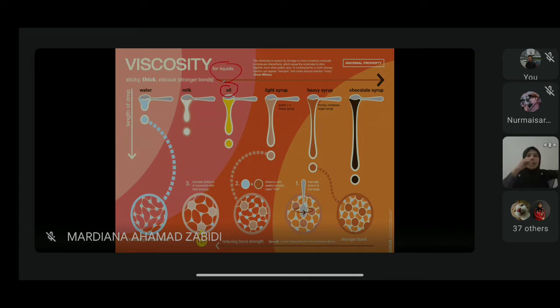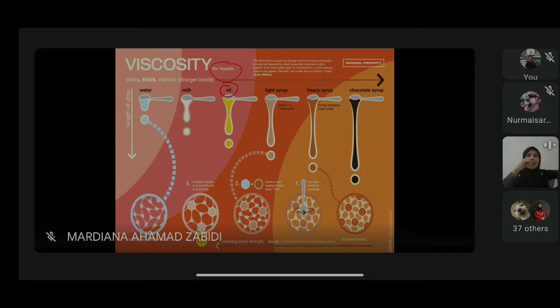But when you go for oil that is thick, pekat, of course the flow of that oil will be slower compared to thin oil. Then we have light syrup, which goes back to the size of the molecules as well as the molecular distribution. Then we have light syrup, heavy syrup, as well as chocolate syrup.